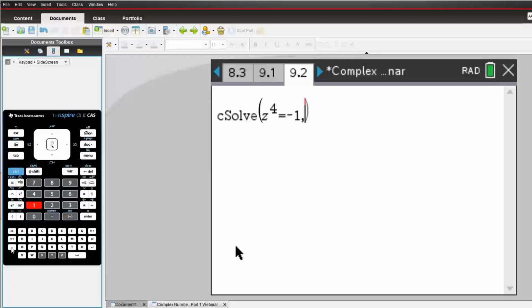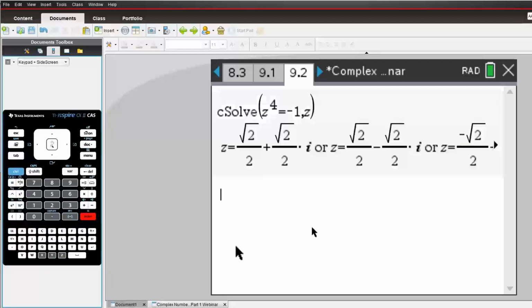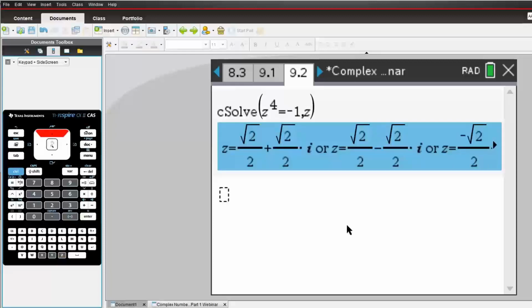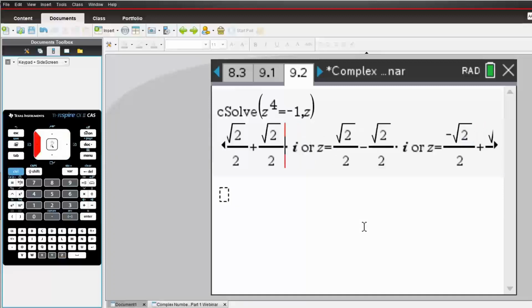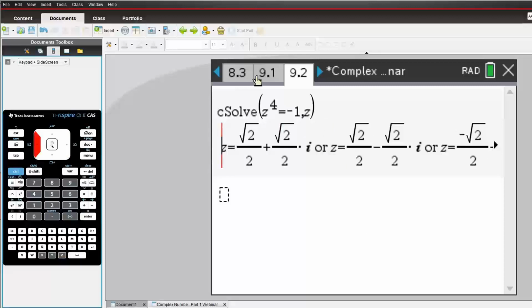And we are solving for z. So as I said, we'll get 4 solutions according to the fundamental theorem of algebra. We know that any polynomial of degree n will have n solutions. The coefficients are real, so we can see that solutions occur in conjugate pairs.